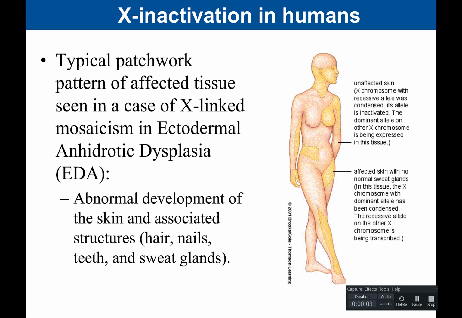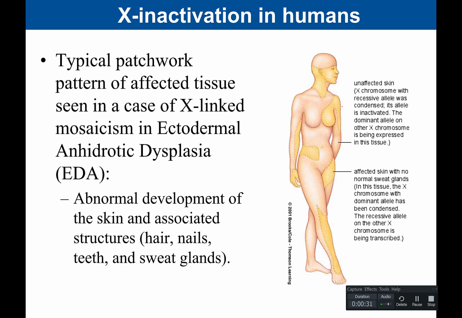An example of X inactivation in humans is something referred to as ectodermal anhidrotic dysplasia, or EDA for short. In this condition, there's abnormal development of skin and associated structures such as hair, nails, teeth, and sweat glands. In females that have this condition, she will have a mosaic appearance.